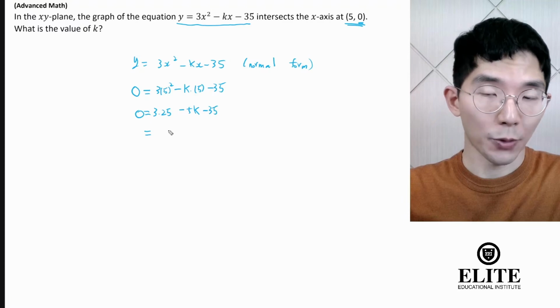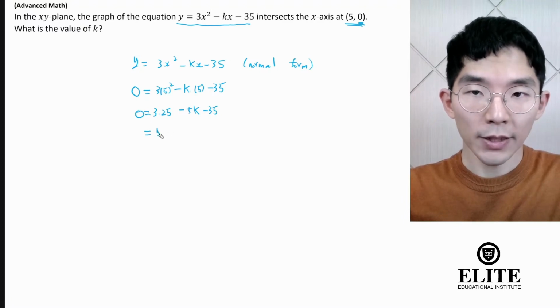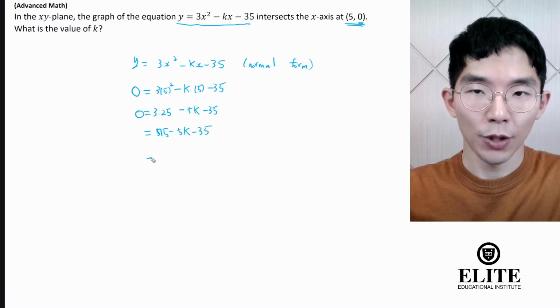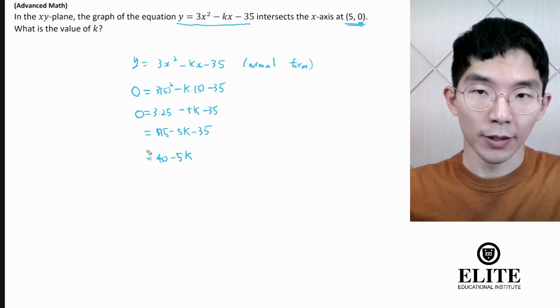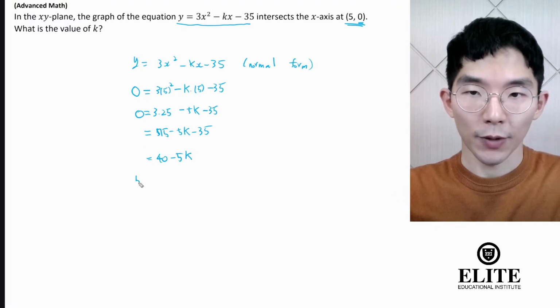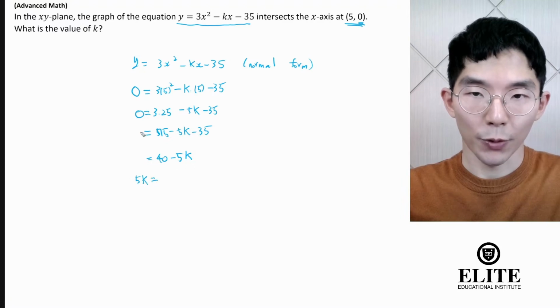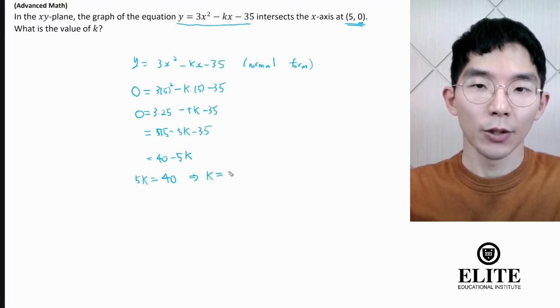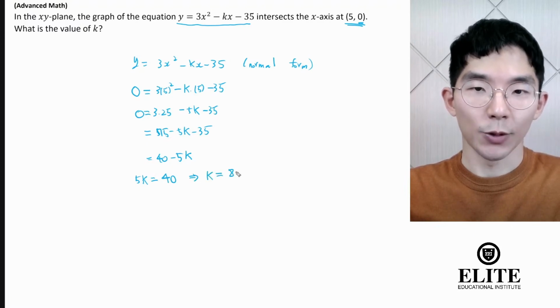We're simply left with 75 minus 5k minus 35, which is equal to 40 minus 5k. Therefore, what is my k? 40 minus 5k has to be equal to 0. Therefore, 5k, if we send it over to the left-hand side, has to be equal to 40. Henceforth, dividing both sides by 5, we get k is equal to 8.